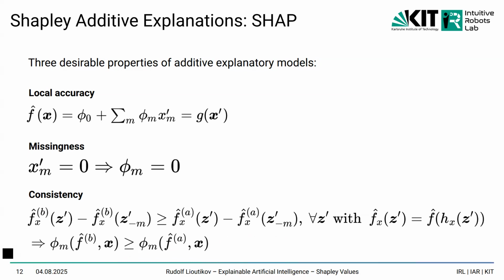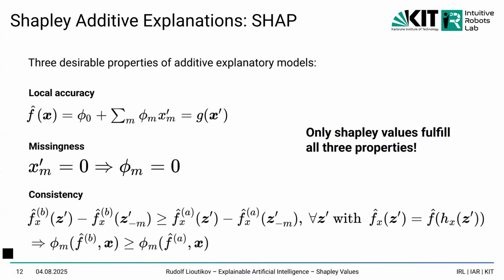What this says is that if I have two different models, B and A, and my difference on one model is larger than the difference on the other model, the difference with respect to Z's with the feature and without that particular feature, then the same should also be true for my additive model, or for my weights in this case. That's basically what consistency tells you.